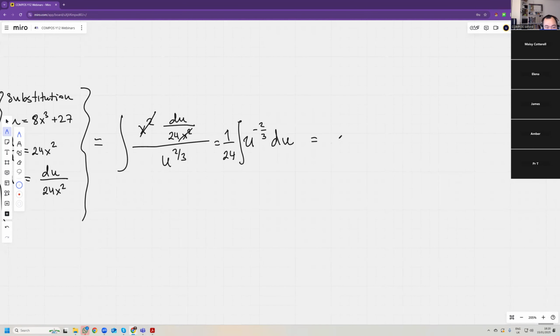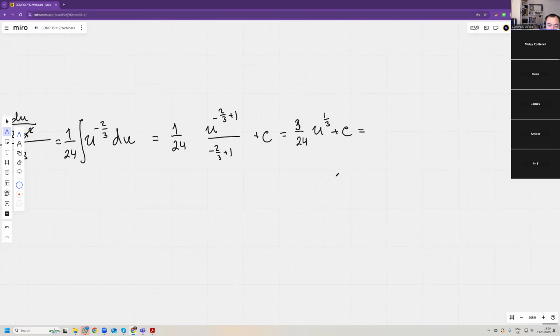And this is a basic integral. So 1 over 24 times u to the power of minus 2/3 plus 1, over minus 2/3 plus 1, plus c. So that is 1 over 24 times 3 u to the power 1/3, so 3 on 24, plus c.